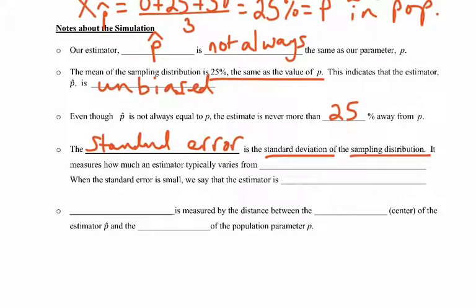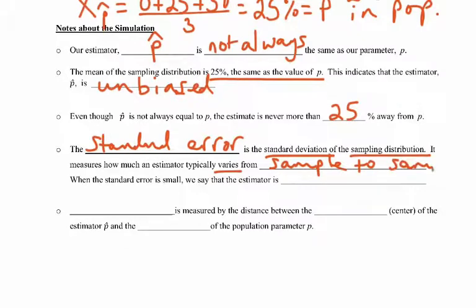So the standard error acts the same way. It gives us a measurement of how much our estimator varies. Remember, standard deviation measured variation. Standard error does the same thing. So it tells us how much our sample varies from sample to sample.